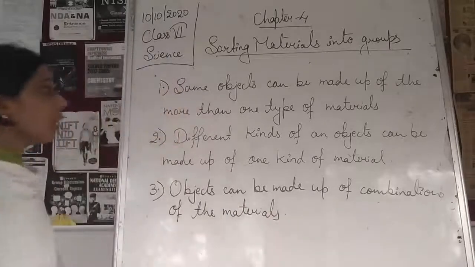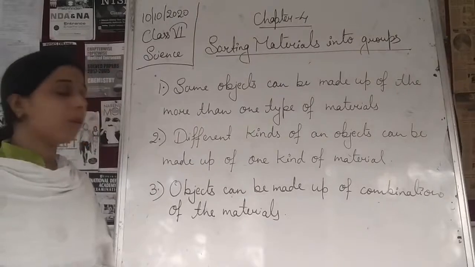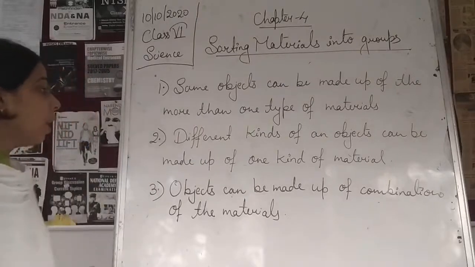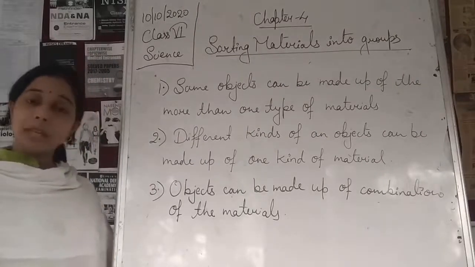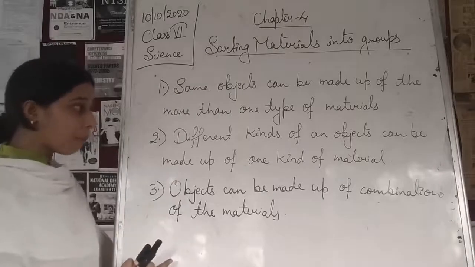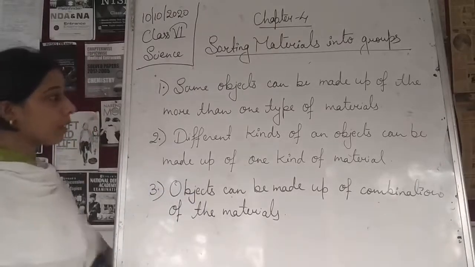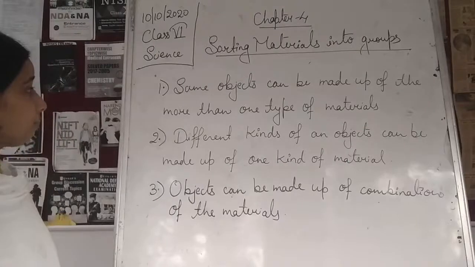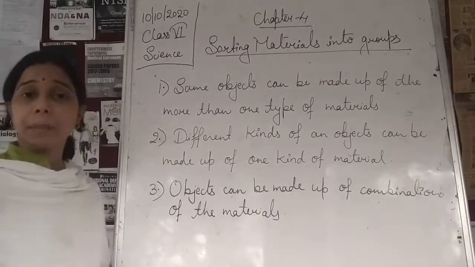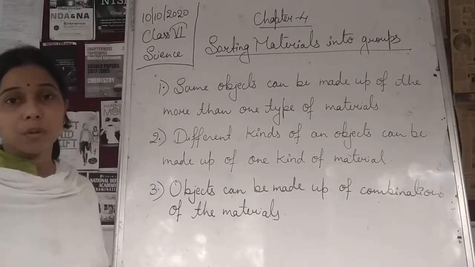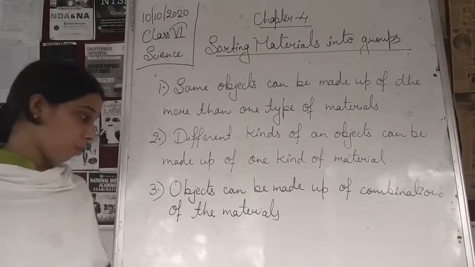Okay, so same object can be made up of more than one type of material. Different kinds of objects can be made up of one kind of material. Different kinds of objects are there, students, and objects can be made up of a combination of one or more materials.